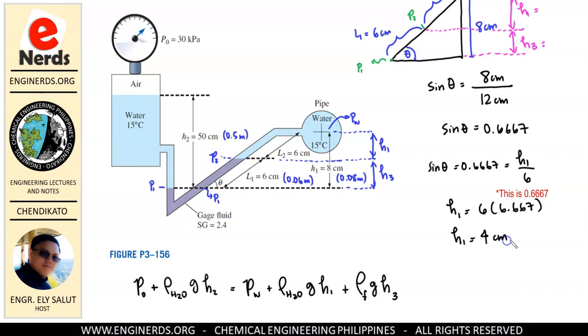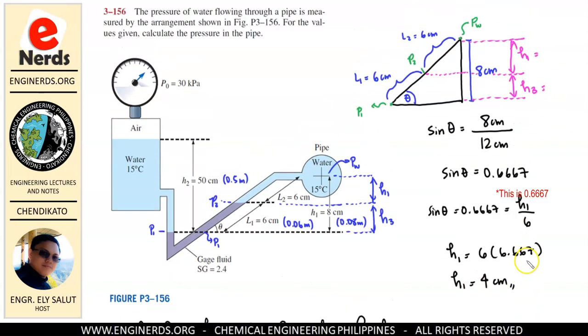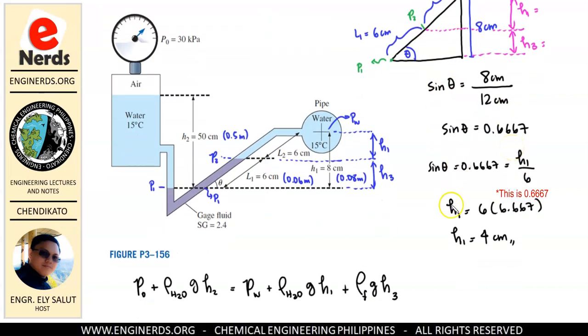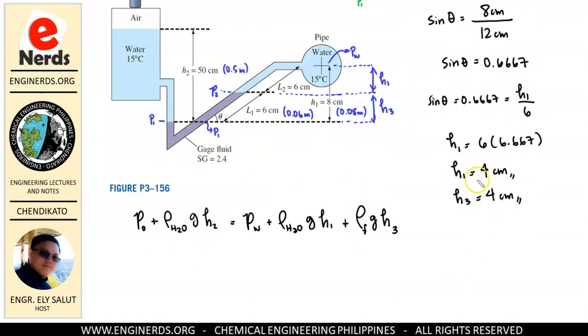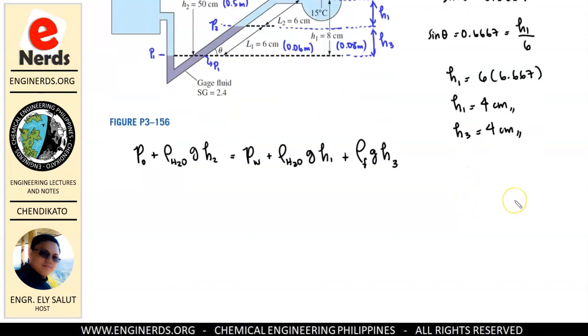So we have 4 centimeters in here. Now, our H3 is the same because sine theta for H3 will also be H3 over 6 centimeter. So therefore, our H3 will also be equal to 4 centimeter. Okay, dahil pareho yung kanilang hypotenuse na 6 at pareho yung kanilang angle. So we know the value of H1 and H3 now.